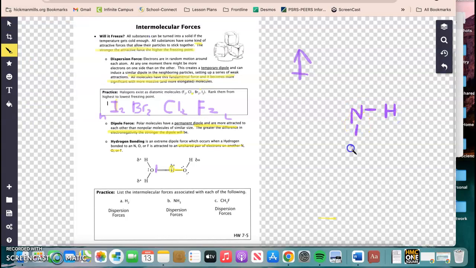Now would be a great time for you to calculate how much you have total, right? So nitrogen has 5, and then each hydrogen has 1, so we need a total of 8. So right now with just the bonds, I only have 6, so I'm going to add 2 more up top, so 6, 7, and then 8.